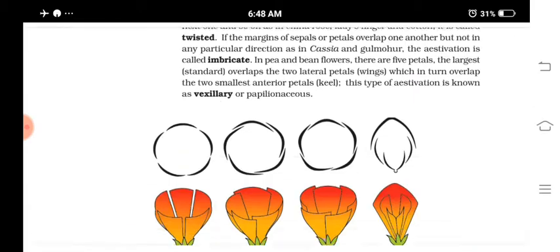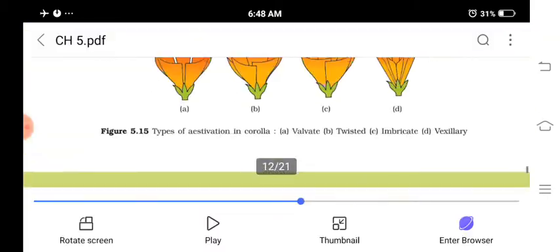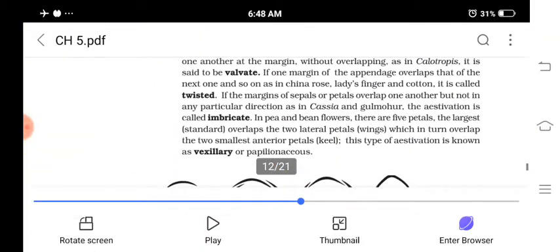So in pea plants, you can see that there are 5 petals. The largest petal is known as the standard petal. Then you can see 2 wing petals and 2 boat shaped petals, known as keel petals.